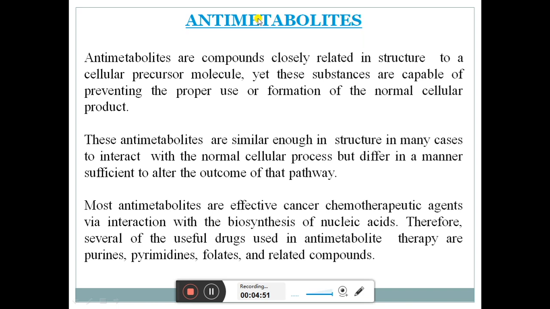They are classified as purine antagonists, pyrimidine antagonists and folate antagonists.